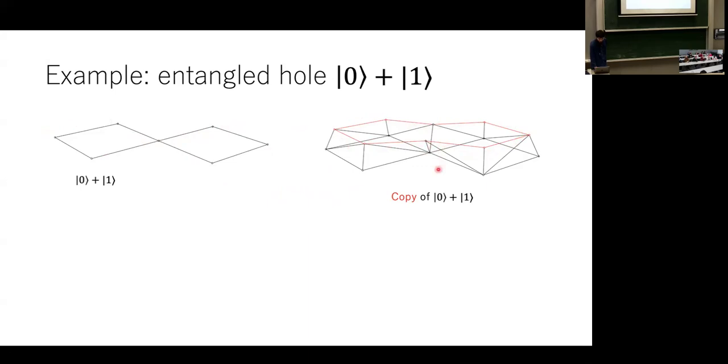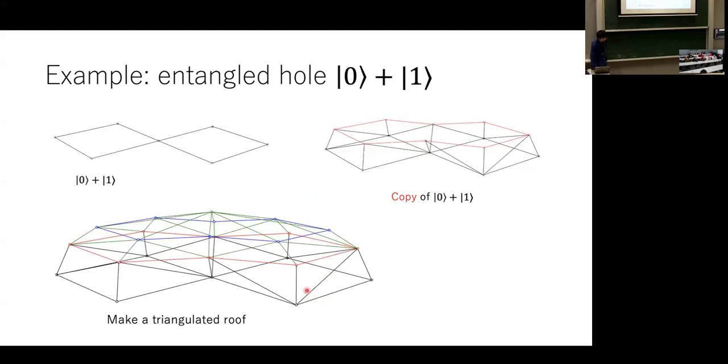You can observe that a surgery is performed, this connected part becomes disconnected, and the copy of this hole appears as a red cycle. Then you can make a triangulated roof on top of the red cycle.